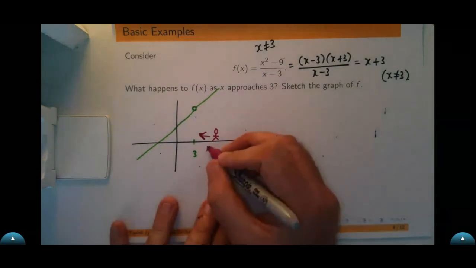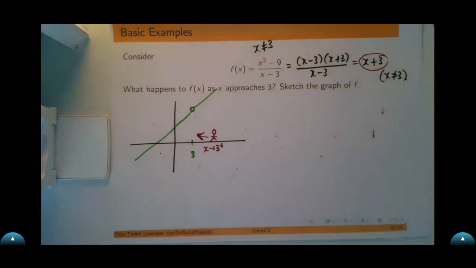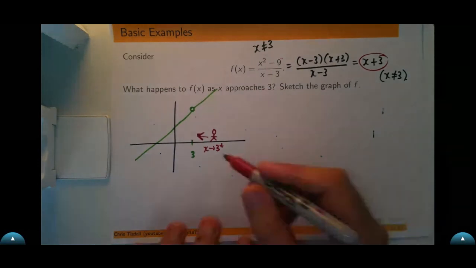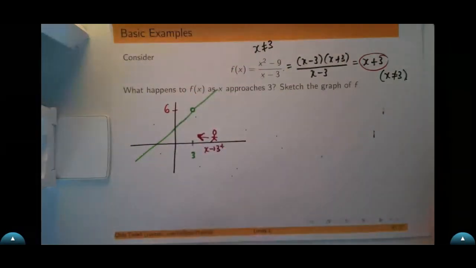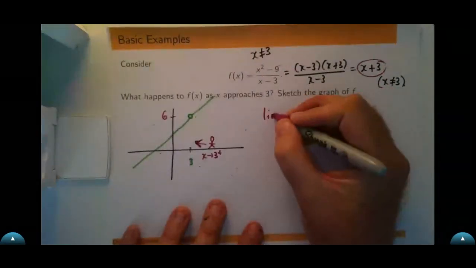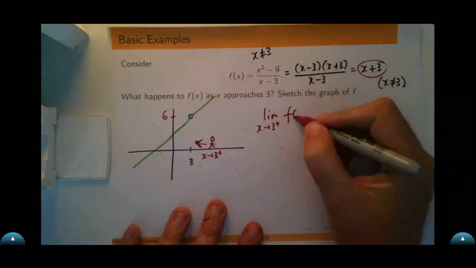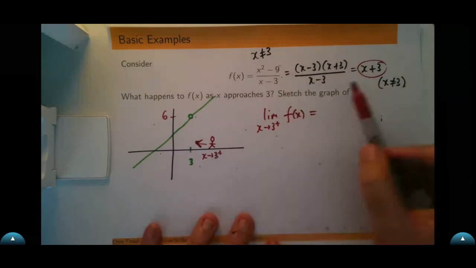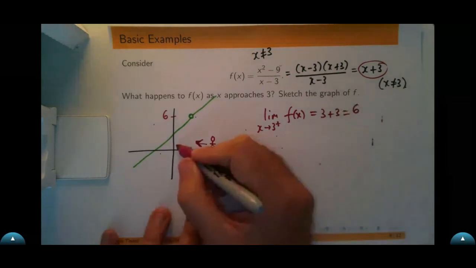So as x approaches 3 from the right, what is happening to this function? Okay, some people are saying 3, some people are saying 6, some people are saying 7. So here, the 6's are correct. So the limit as x approaches 3 from the right of f of x is just going to be 3 plus 3.